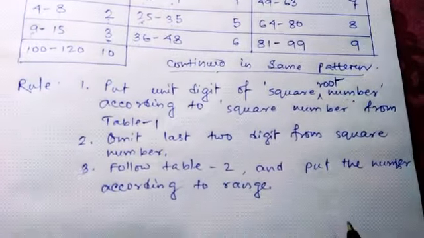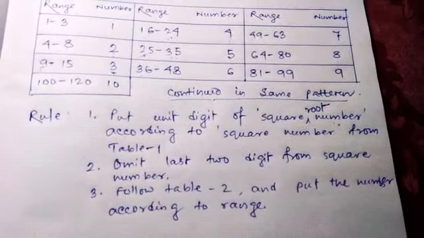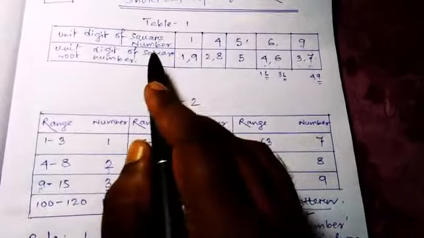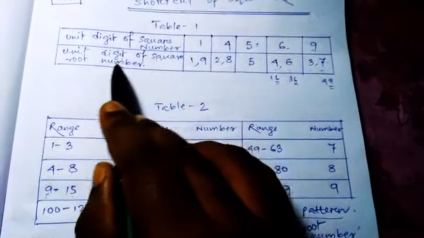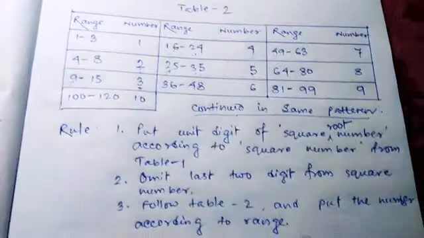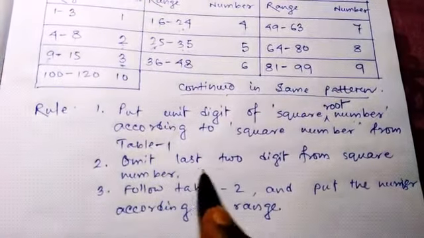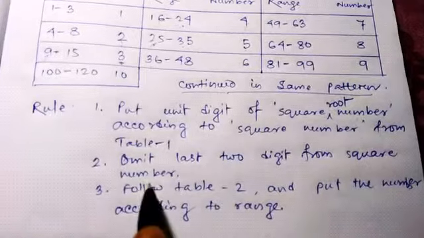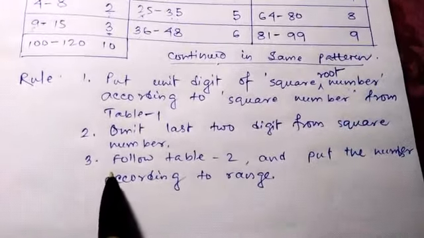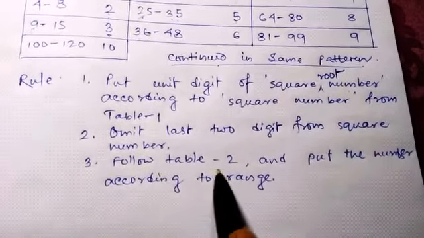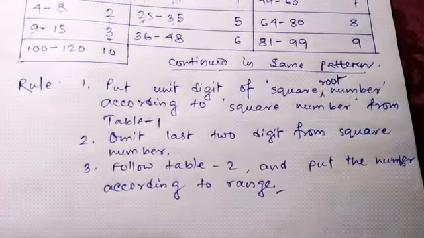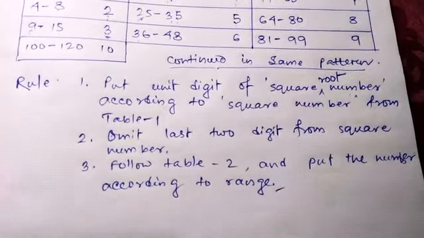Then number 2, omit the last 2 digits from the square number. And then number 3, the final one, follow table 2 and put the number according to range. Now the example.